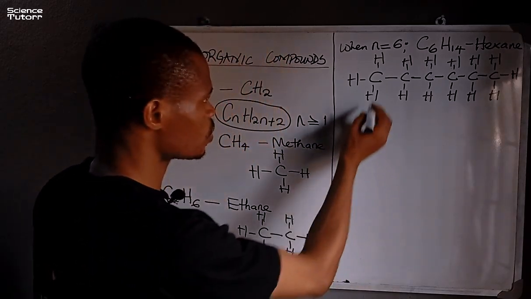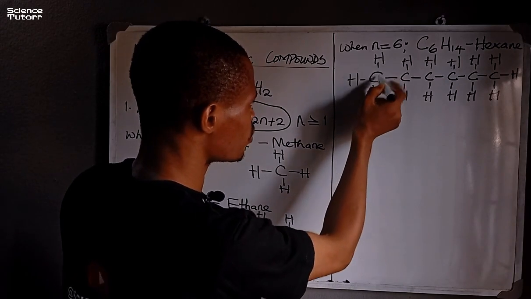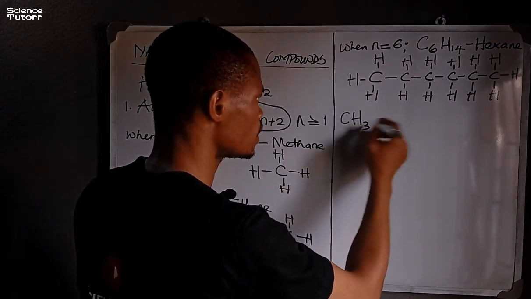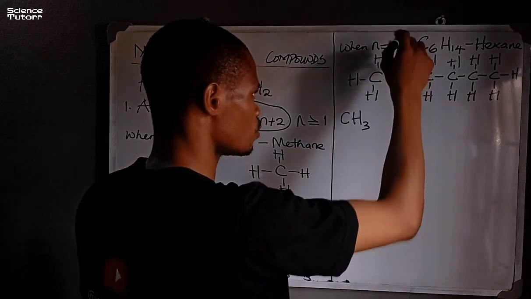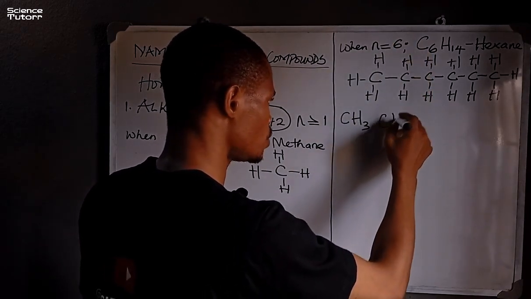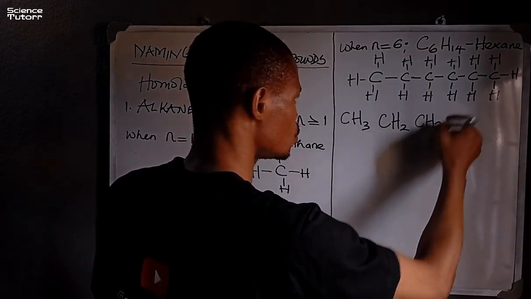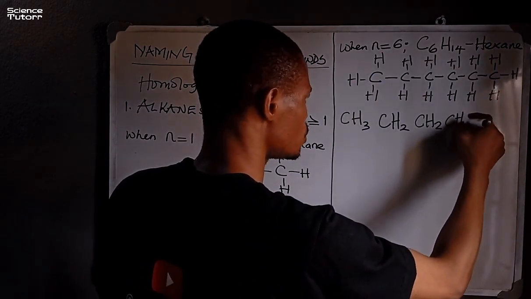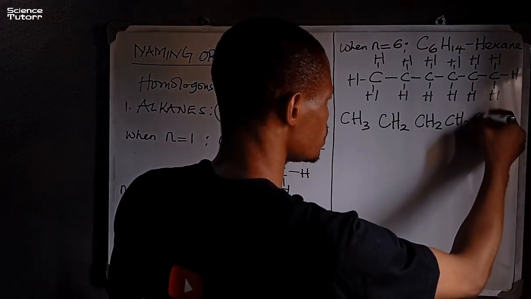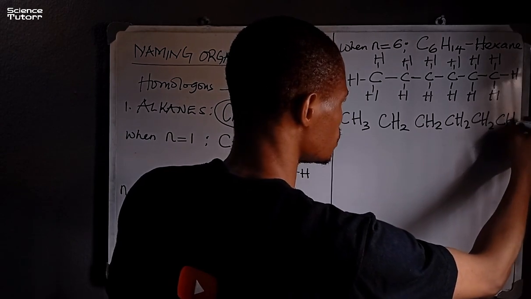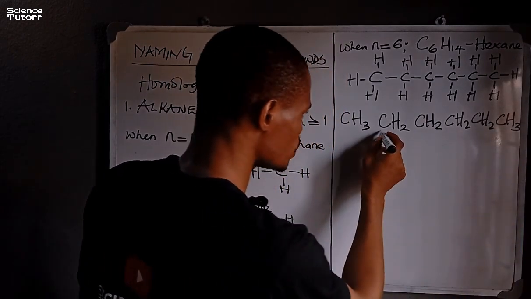For hexane, we can also write it in this form: carbon bonded to 3 hydrogens, so we have CH3, then carbon bonded to 2, so we have CH2, CH2, CH2, CH2, then CH3.